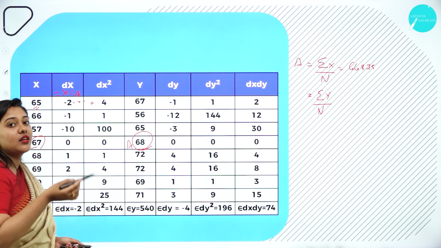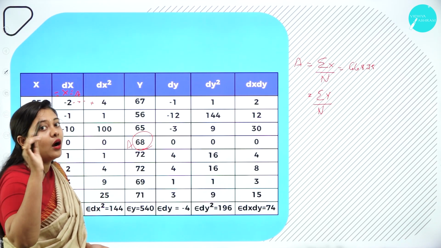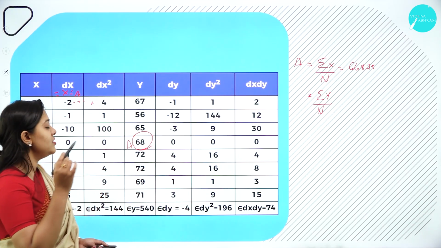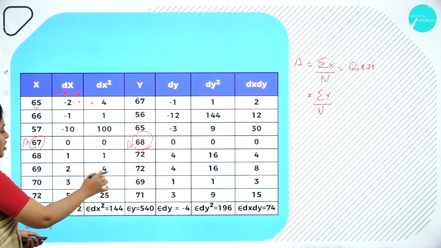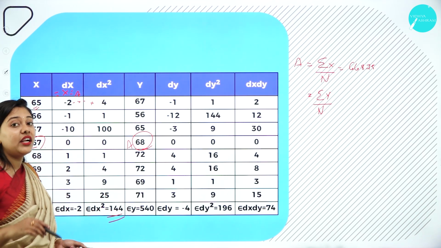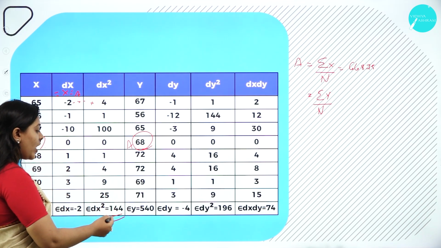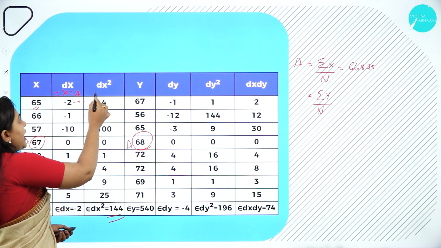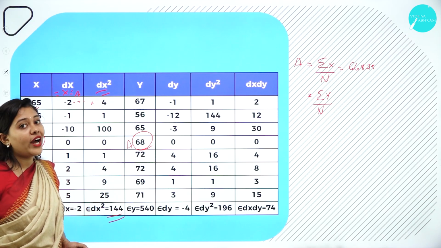Minus into minus, plus 1, 1 1s are 1. 10 into 10 is 100, minus into minus, plus 100. 1, 2 2s are 4, 3 3s are 9, 5 5s are 25. The total of sigma dx square will be 144. The summation of the whole calculation of dx square will be how much?